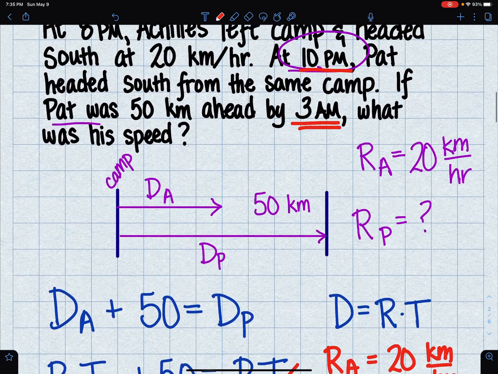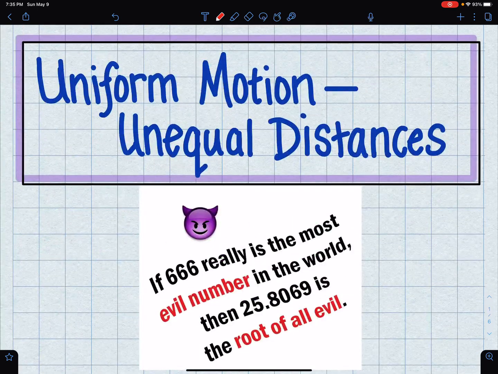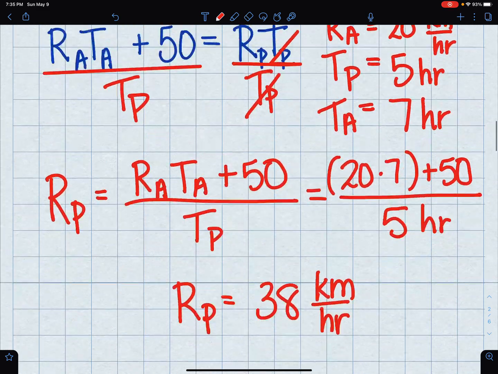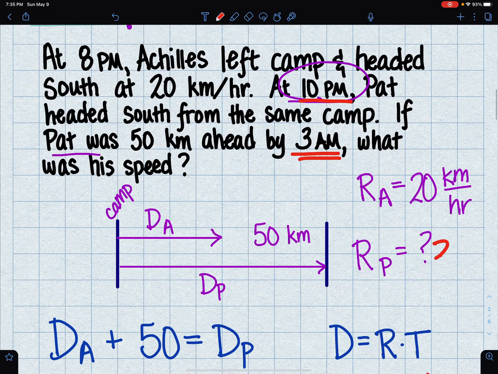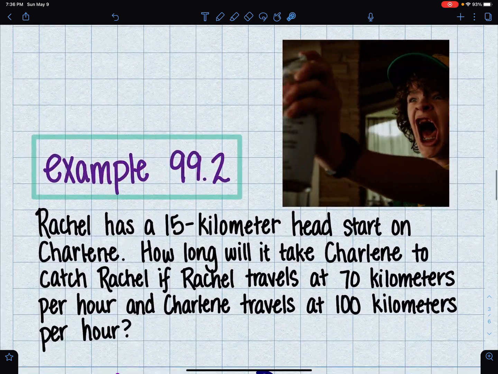So does it make sense that Pat was faster? Yeah, because he started 2 hours later and then he went this whole distance. So if he's 38 and RA is 20, yeah, that totally makes sense. All right, cool.